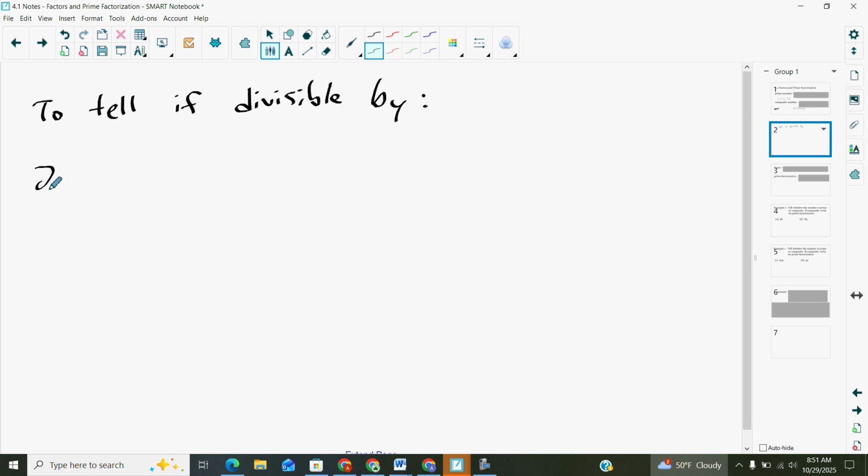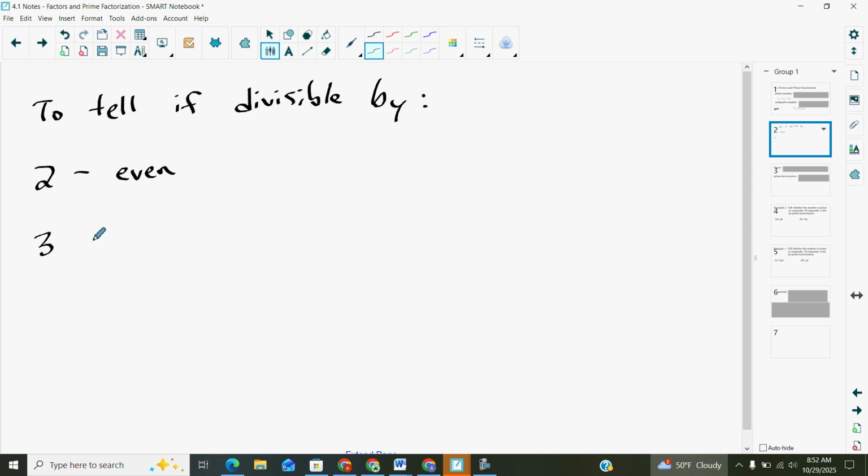It's divisible by 2 if it's even. If it ends in a 2, 4, 6, 8, or 0, then it's divisible by 2. Odd numbers are not divisible by 2.